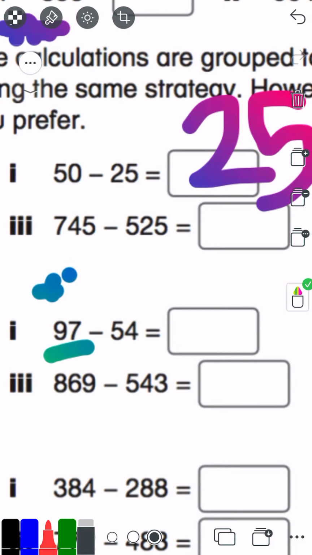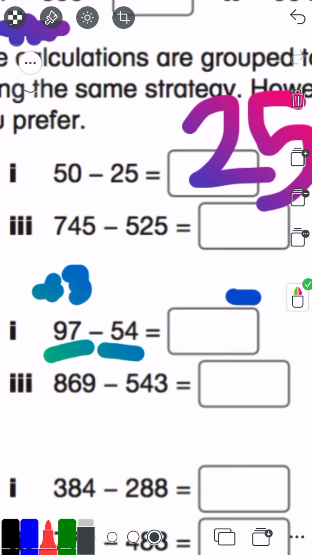And now I'm adding 3. Because I'm adding 3, it's 100 minus 54. Then I subtract 3 from the answer. Or I can split up the tens and the ones and subtract the tens from each number. Or we can subtract directly.